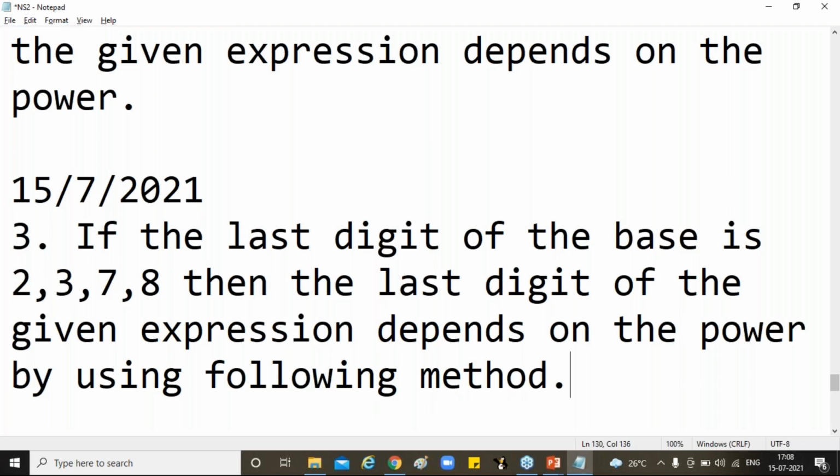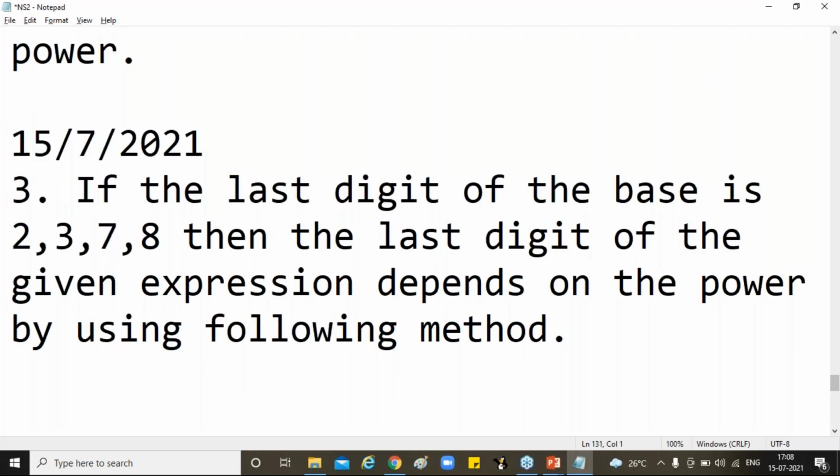So in what way? If it depends on the power, please concentrate. Compulsorily remember some of the basics.